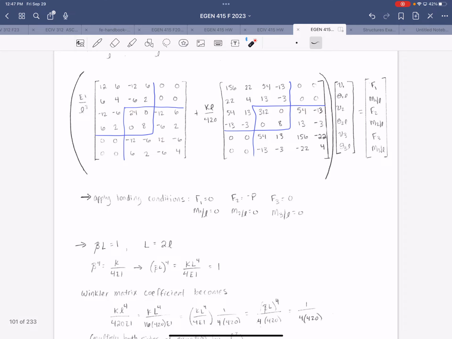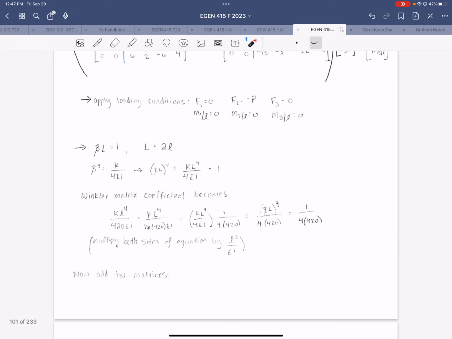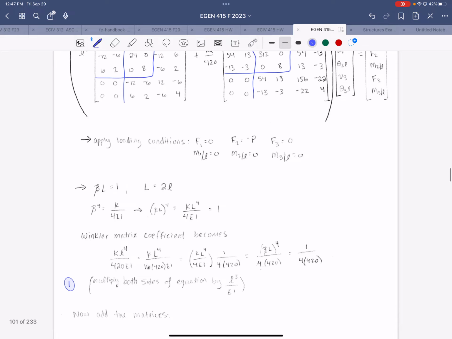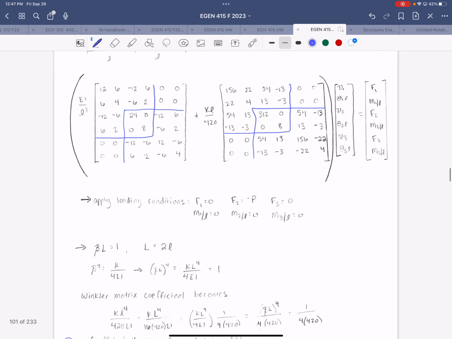So the steps that I have are kind of started. The first step, I'm going to skip down here. We want to multiply both sides of the equation by L cubed over EI. All right, so we do that.